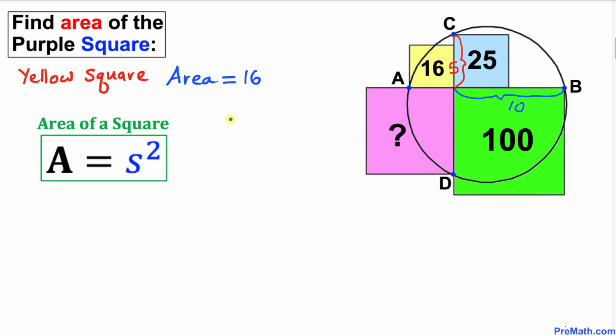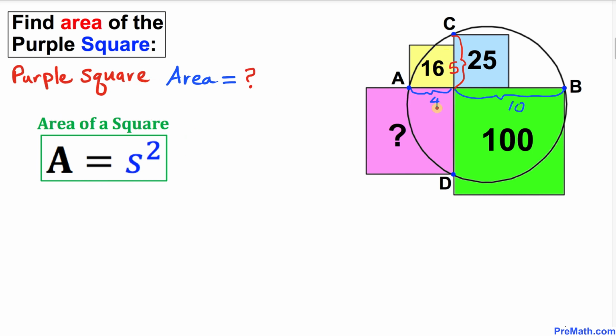And now in this next step, let's focus on this yellow square, and its area has been given to us as 16 square units. And then once again, according to this area of a square formula, this side length of this yellow square is going to be 4 units, because 4 times 4 gives us 16.